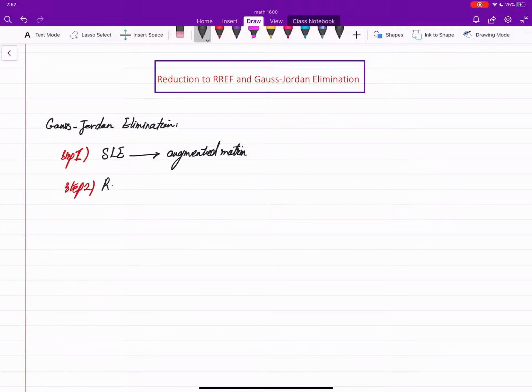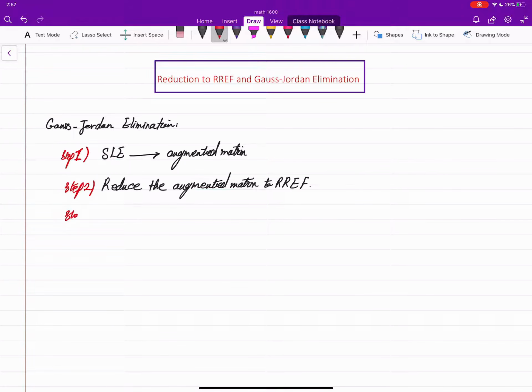Reduce the augmented matrix to reduced row echelon form. Well, you know there are differences between reduced echelon form and row echelon form. I will mention in a minute what the differences are.